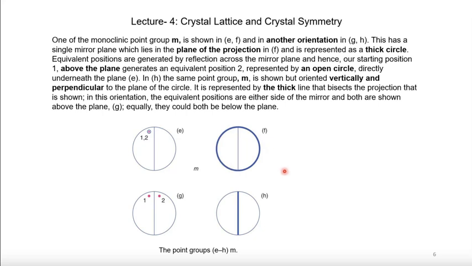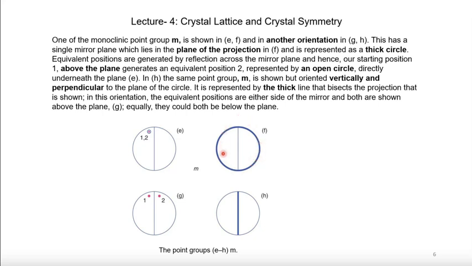If it is oriented in the plane of projection, then we show this stereographic projection with a thick circle. That means that we have the mirror plane in the plane of projection.